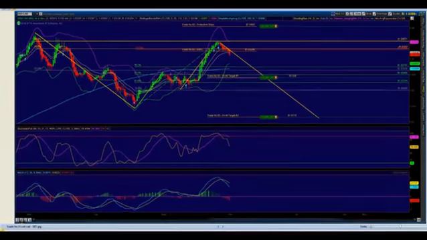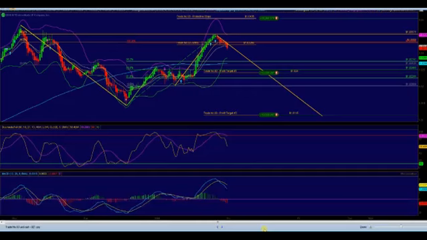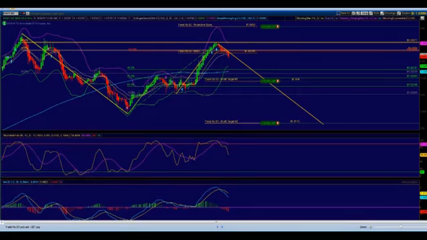Looking at the characteristics of this trade, we'll be able to see exactly what I was looking at. This is the Gartley pattern I was trading. We had an AB leg that retraced to just shy of the 50% retracement of the XA leg.